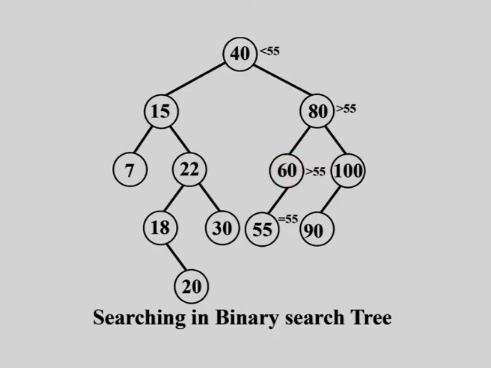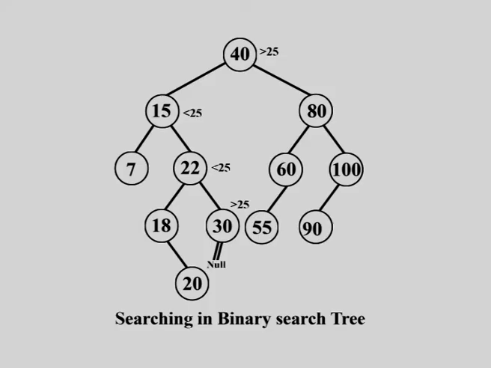As both are not equal, we move to the left subtree of 60 as the element 55 is smaller than 60. In the left subtree, the desired element 55 is compared with the node which also contains the element 55. Here our search is successful. We have got the desired element and we stop our search here.